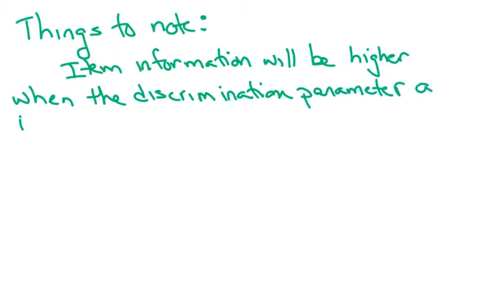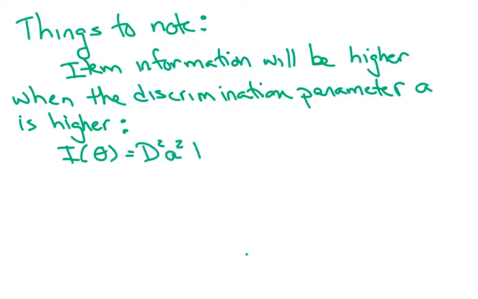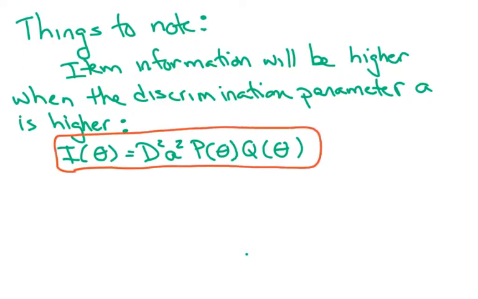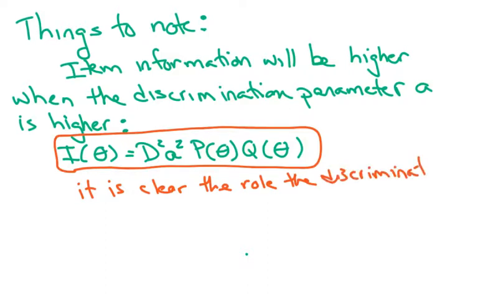So you can look at this and say, from this form, it is clear the role the discrimination parameter plays in item information.